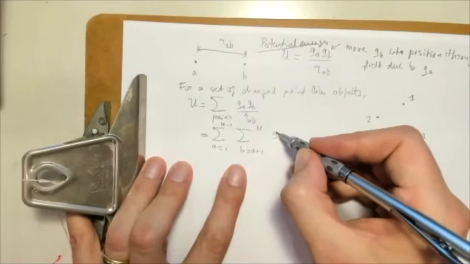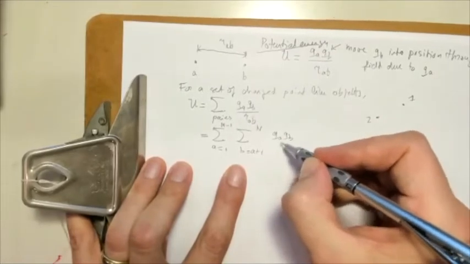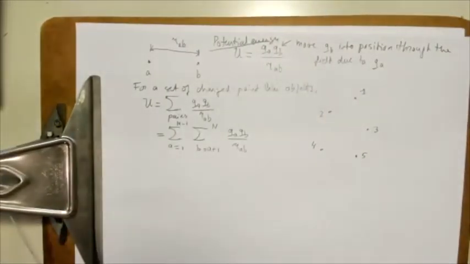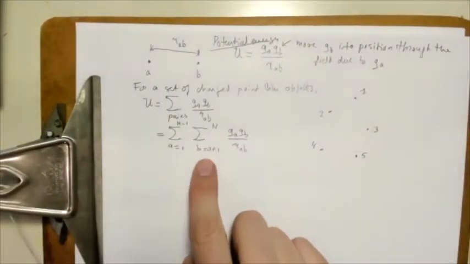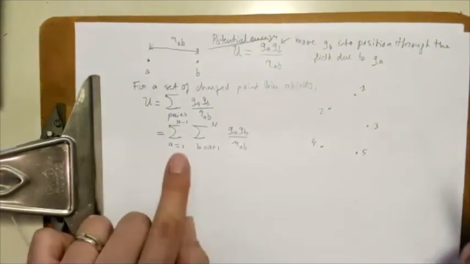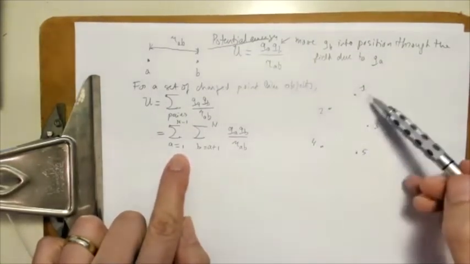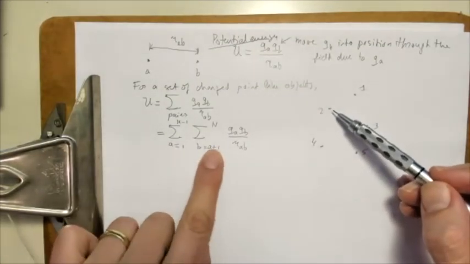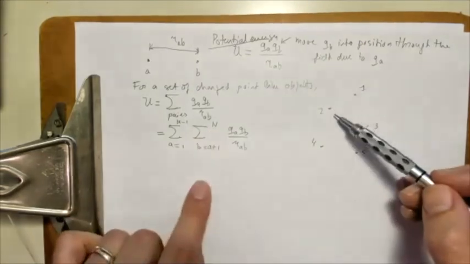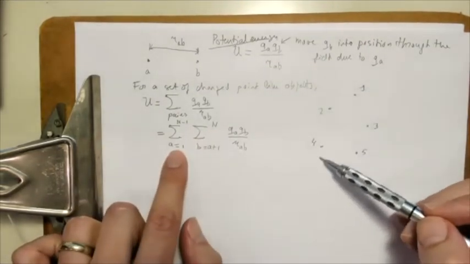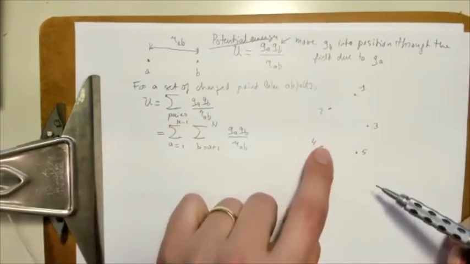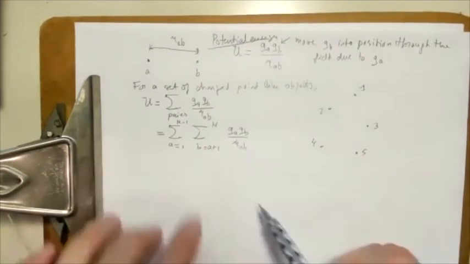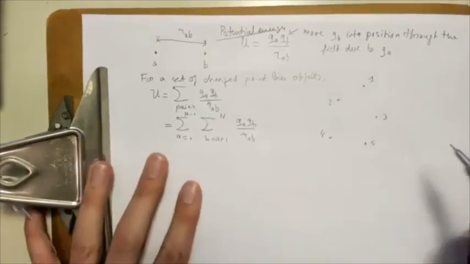Yes, that's Q_A Q_B over R_AB. So pay very close attention to the indices, right? So that's what I was doing here. A started off as 1, and then B started off at 2 and ran all the way to n, which is 5 here. But A didn't go beyond 4, because if we're at 5, there's no more things that it can form a pair with. So that looks good.